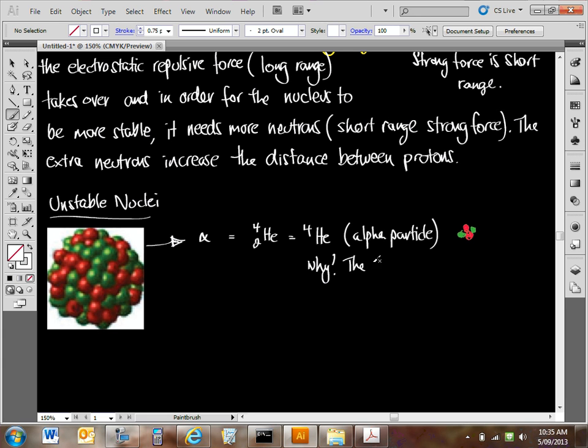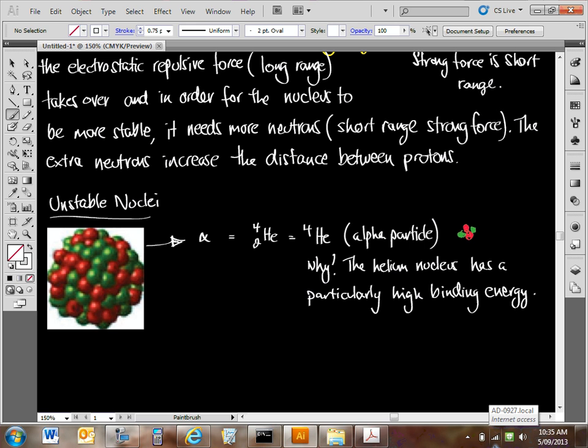The helium nucleus has a particularly high binding energy. It's particularly stable, we might say. And so that's why this nucleus tends to throw off that particle.